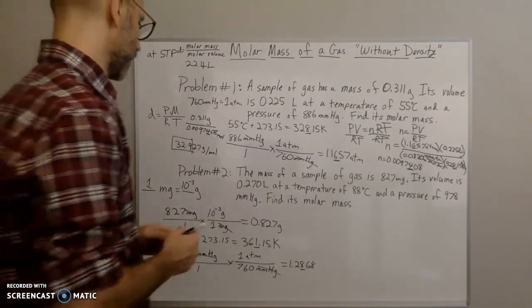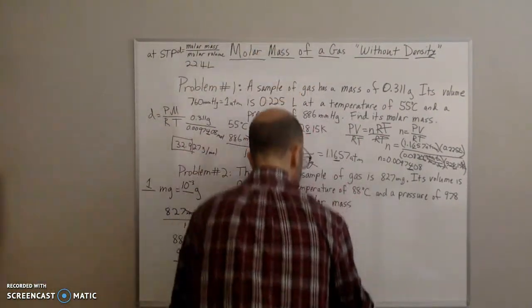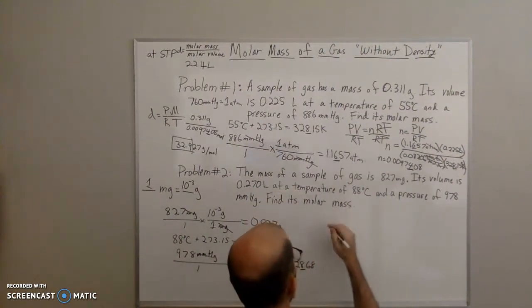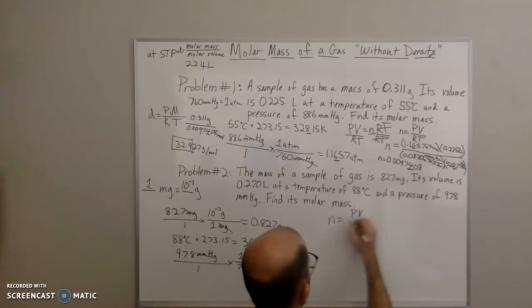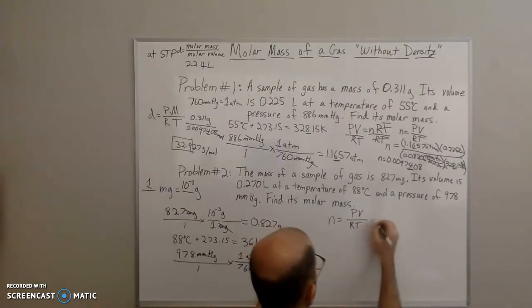Now I plug it into my ideal gas law. Again, I'm going to solve for n, so it's PV over RT.